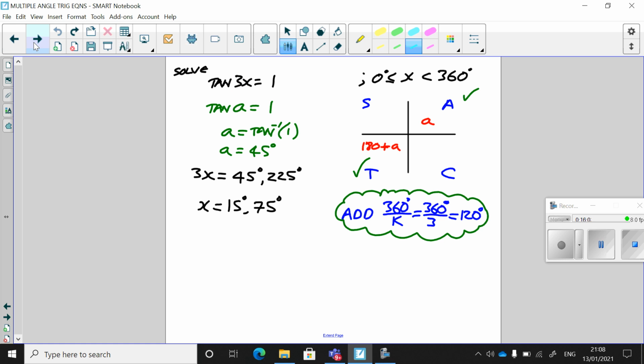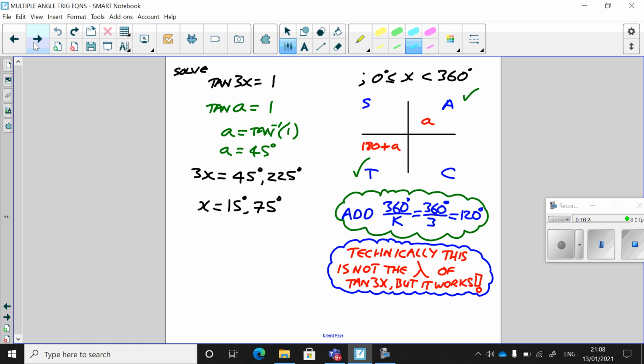So 360 divided by my x number, I'm referring to that as k. I could call it n, I could call it whatever, but it's 360 divided by 3 is 120. So I'm going to be adding 120 on to my first pair of solutions until I get up to 360. And hopefully this one I'll get 6 solutions.